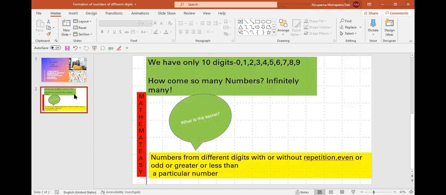We have only 10 digits, 0 to 9. How come infinitely many numbers can be formed? What is the secret behind this? So numbers from different digits with or without repetition, even numbers or odd numbers, greater or less than a particular number. Let's discuss all such cases in today's class.